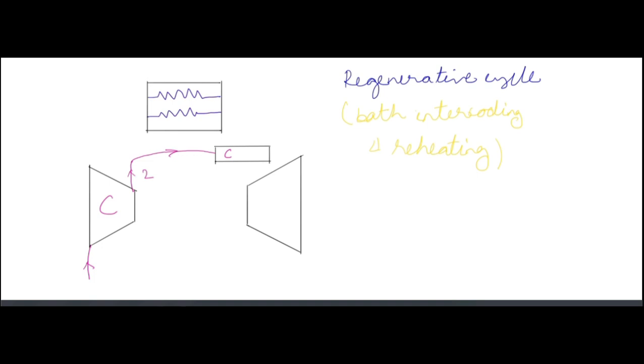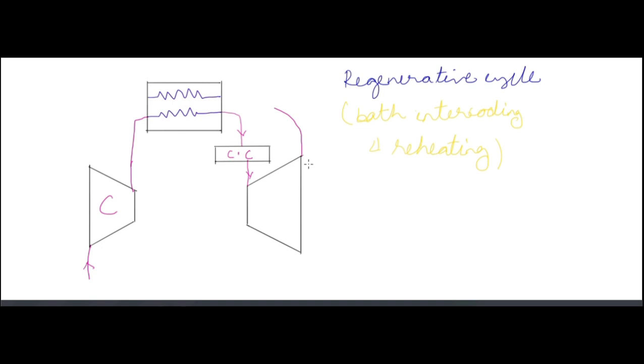So air will go to the heat exchanger or regenerator first, where it will get heated, then it will enter the combustion chamber, then it will enter the turbine where it will do the expansion work, or get expanded, and we will get the output from the turbine.